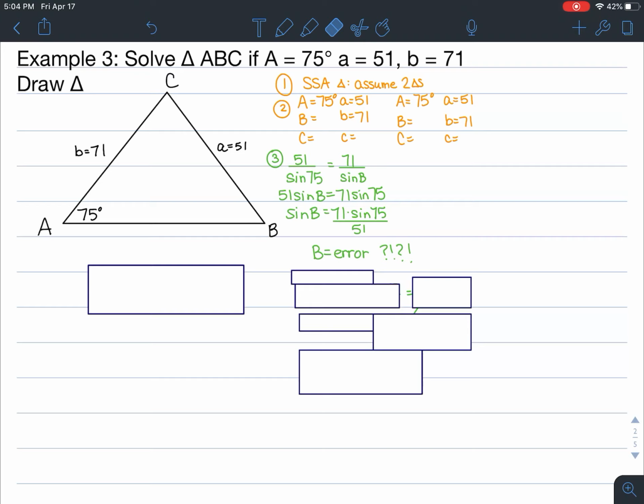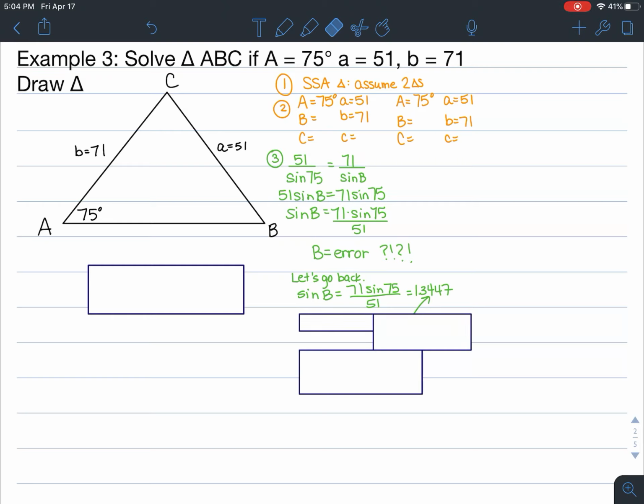Value entered is not allowed in the function or command. That's what my calculator says. So let's think about this here. Let's go back. Let's forget the inverse part. So 71 sine 75 divided by 51 is 1.3447.